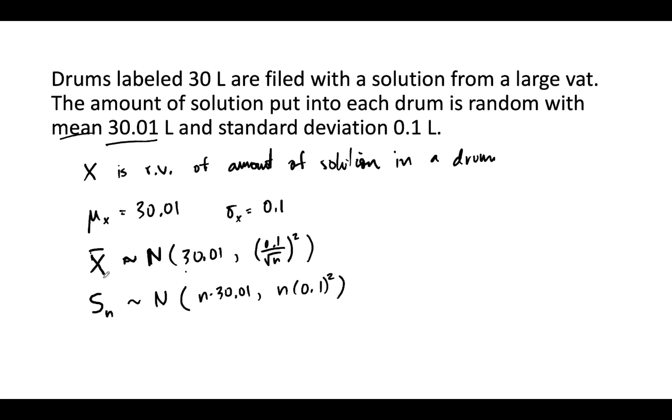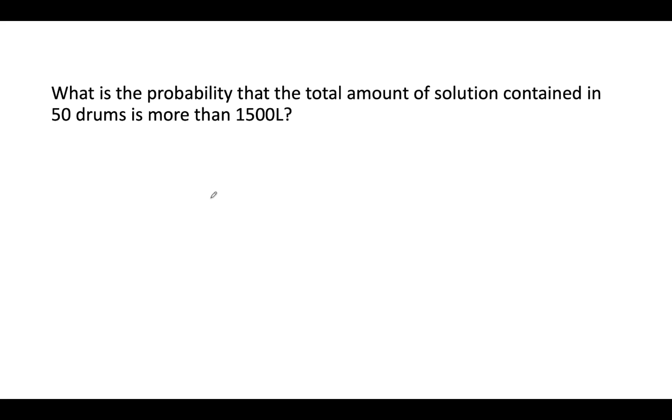So I've built some models about things that I would know using the information that we're given, but we haven't answered any questions, but this will be useful. And this is an important step you should take whenever you see a problem. Before there's any questions, just build the model, describe it in statistics. And that's what I've done here. So let's see what a question is and how we can use this to answer it.